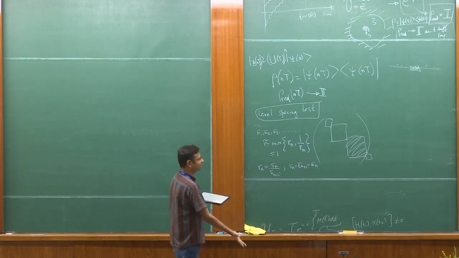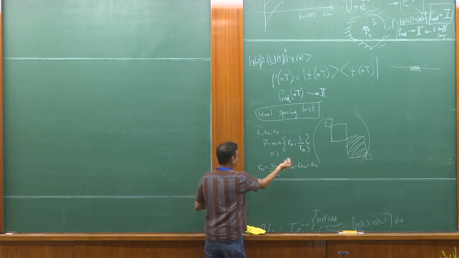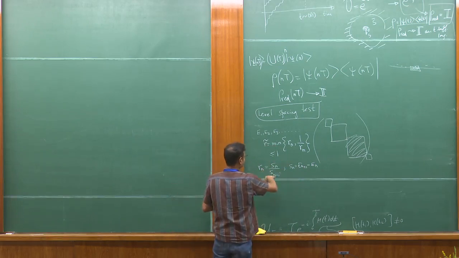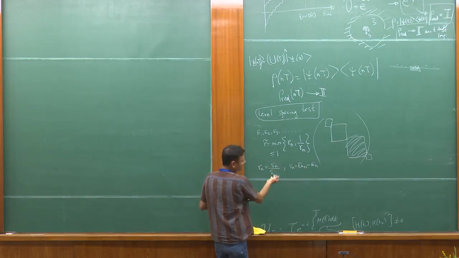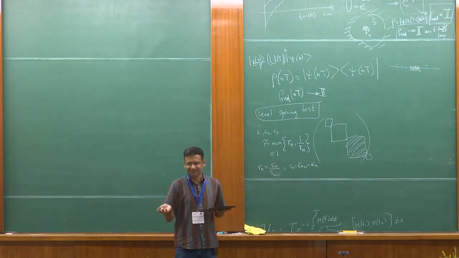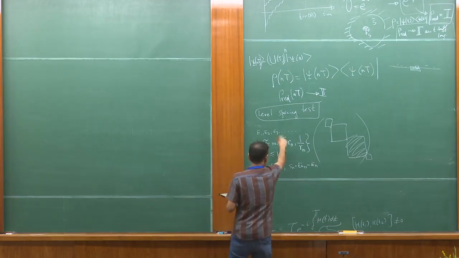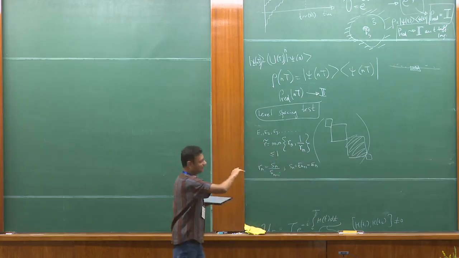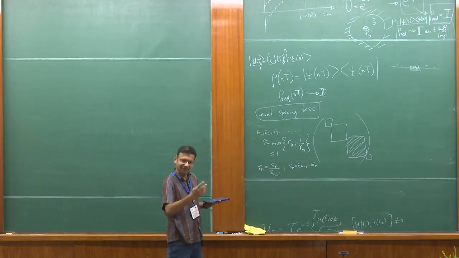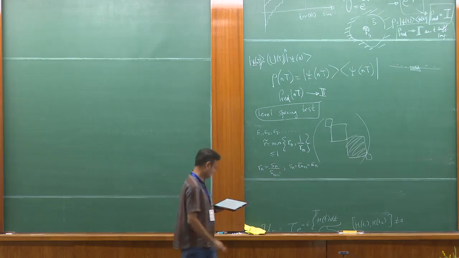So you go up your data file, you keep computing this ratio. This ratio can either be less than 1 or greater than 1. If it's greater than 1, you take its inverse and store it in the data file for this r tilde, and you just keep doing it, and that's it.